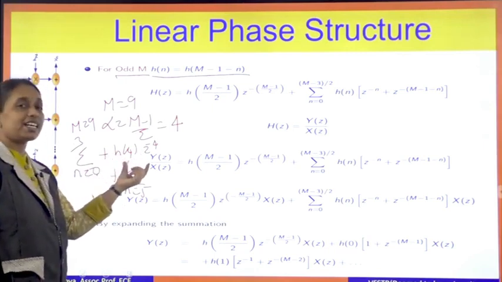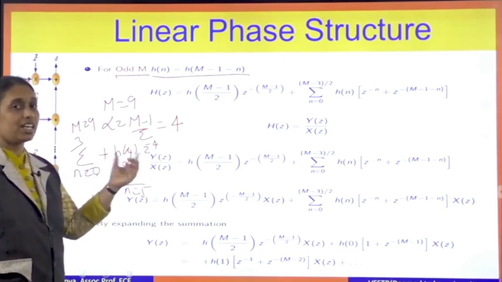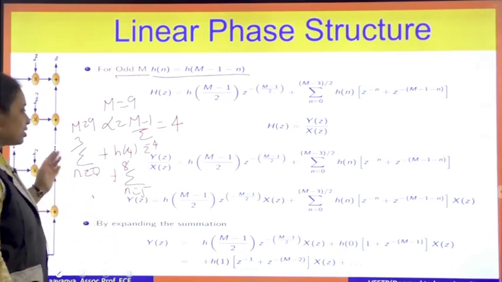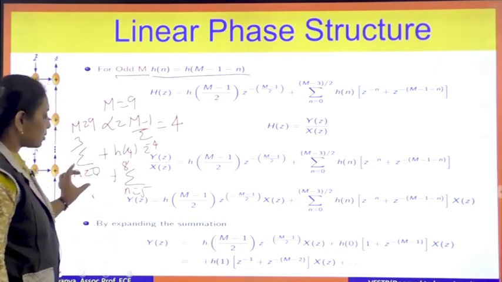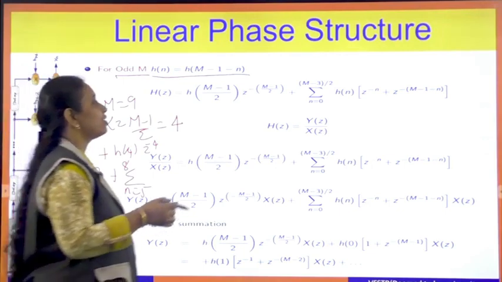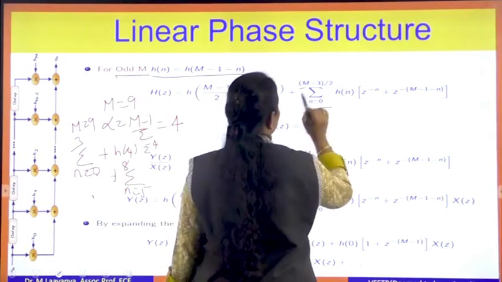In between here I will get the center of symmetry, which was not obtained when the order was even. So now, keeping this concept, I have to write it in general. So in general what will I have? 0 to (m minus 3) by 2.